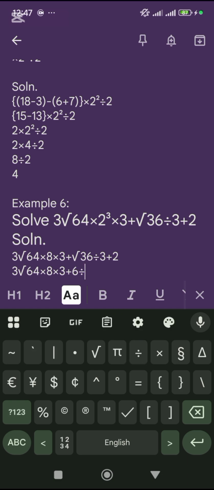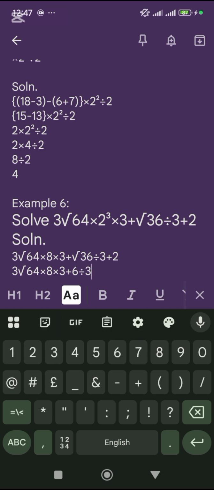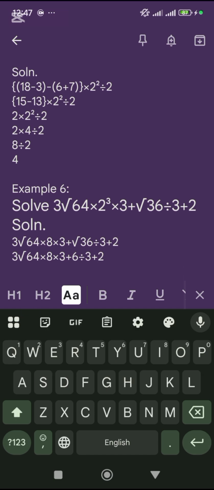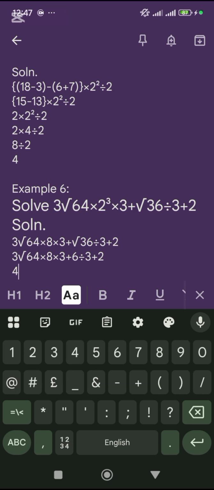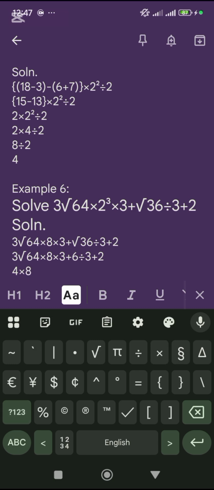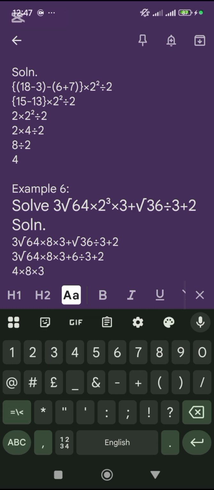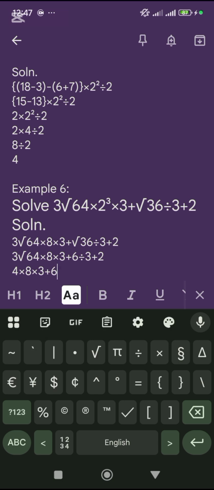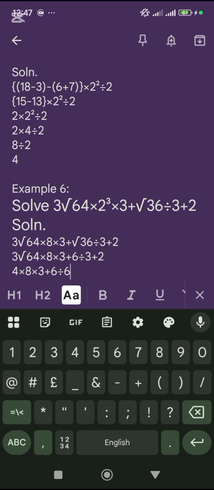So that will be solved, so that we can just have 3 plus 2. Okay, that's done. So we move now to the cube root. Cube root of 64 is what? 4. So we solve that so that we can have times 8 times 3, okay, plus 6 divided by 3 plus 2.